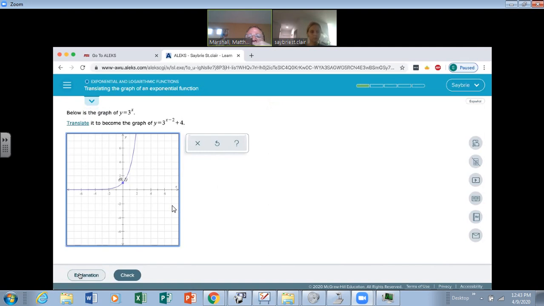So this one looks like 2 right, up 4. And then the number on the outside, you do what it says, either up or down. Yes. So yep, the x minus 2, the opposite of minus 2, plus 2 to the right.